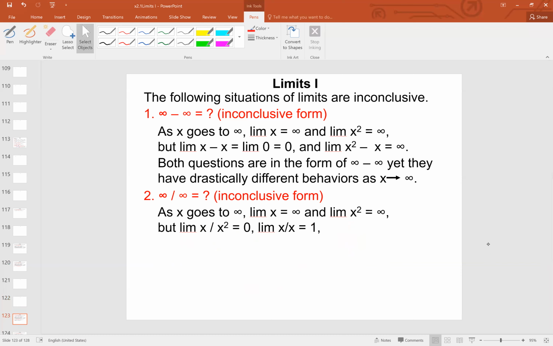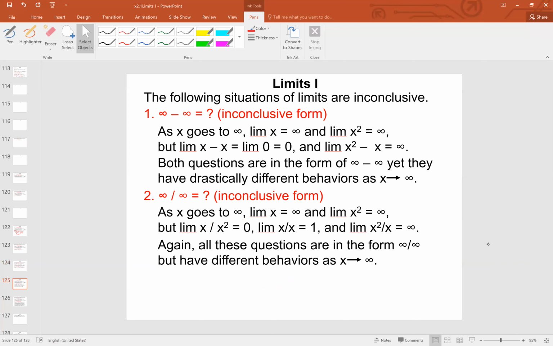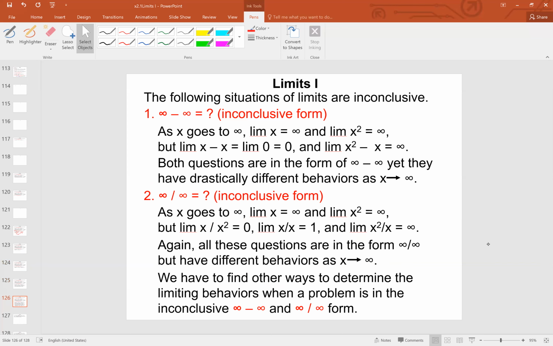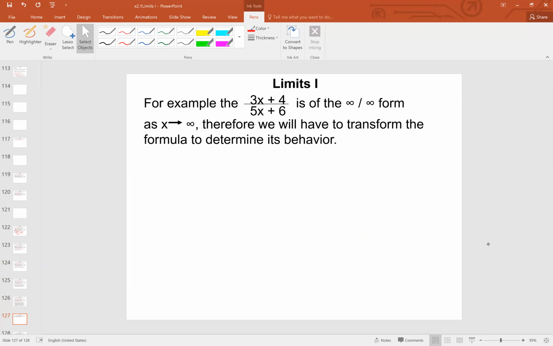Meaning again, it's like the case right above. We're going to do more algebra to figure out the limit. Later on we will have some examples of these. We call this an inconclusive form.